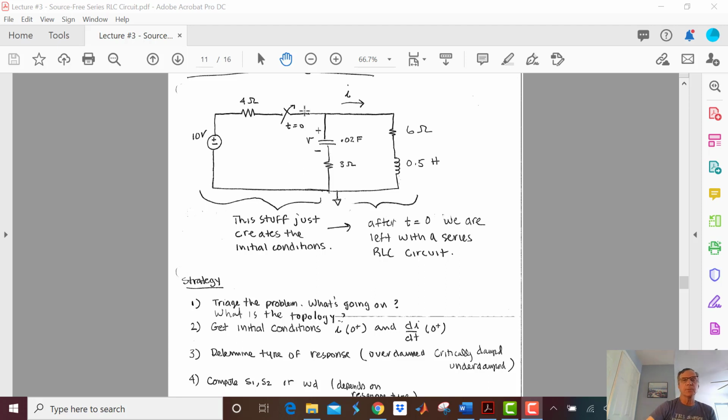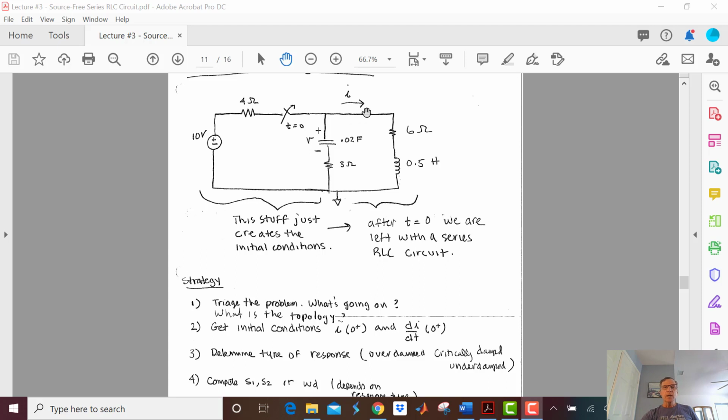Okay, now let's open that switch. And what I know is that the capacitor voltage isn't going to change from t equals 0 minus to t equals 0 plus, and the inductor current won't change from t equals 0 minus to 0 plus. So that means I'm going to have my 1 amp that I just computed going this way.